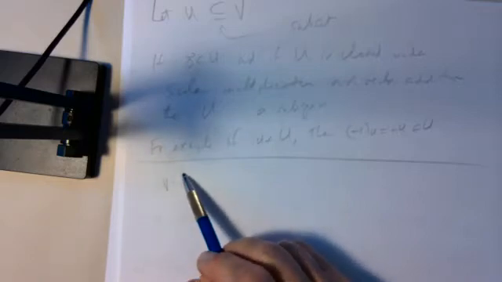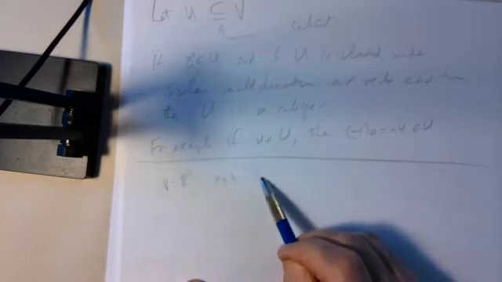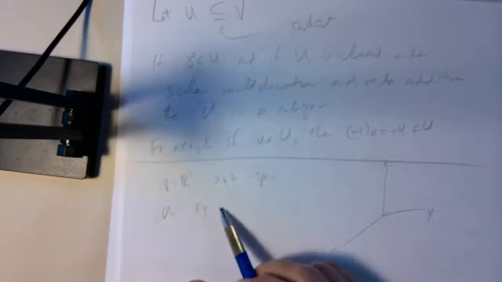Okay, now, by the way, let's just look at some pictures. So the first example I gave of a subspace: if you take V to be R3, so this is XYZ space, 3-dimensional space, and you take U to be the XY plane.